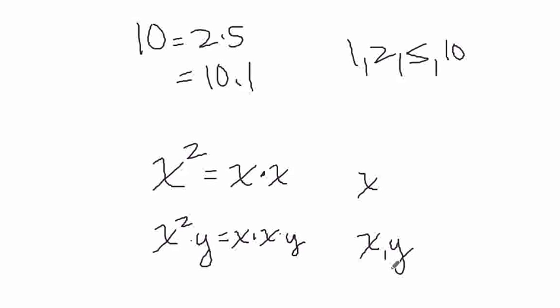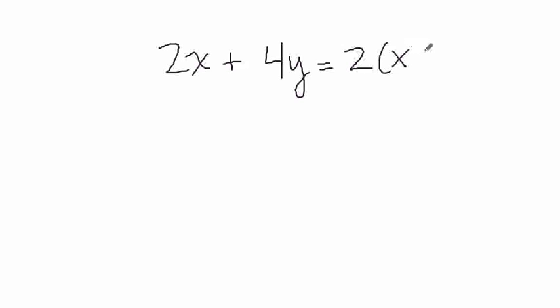Now, that explains factors. Now, let me explain factoring. Okay? So, if you had, for example, a sum of, let's say, 2 times x plus 4 times y, that is equal to the following: 2 times the product x plus 2y.